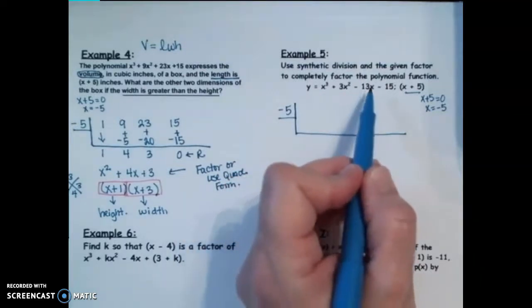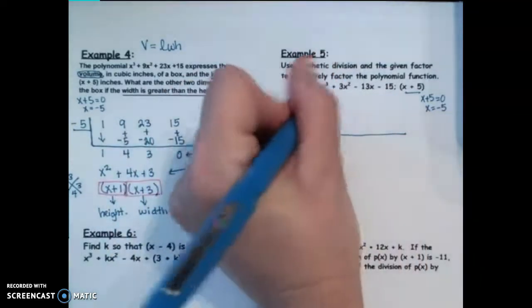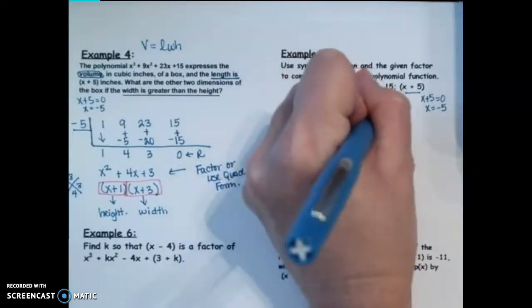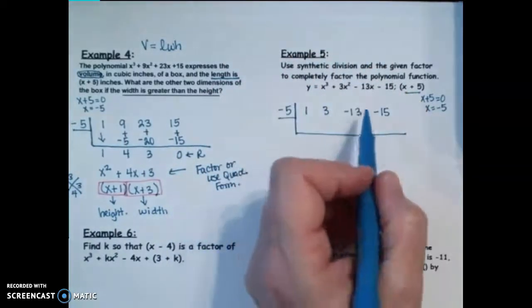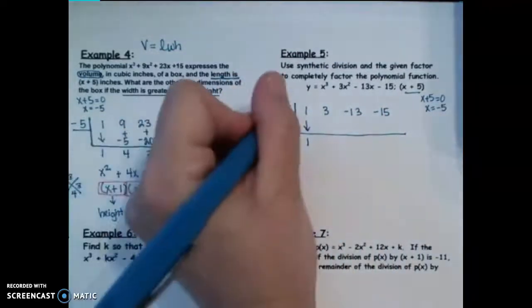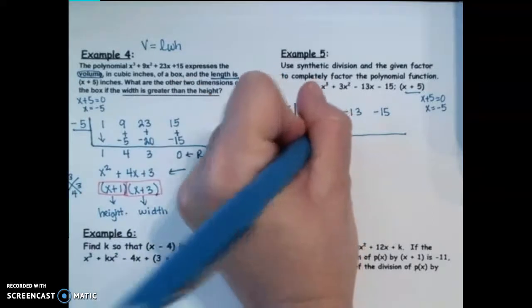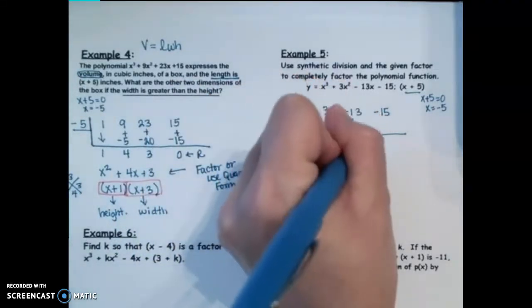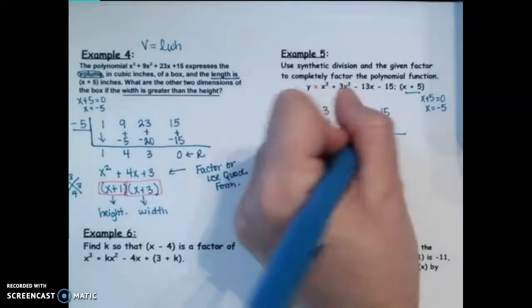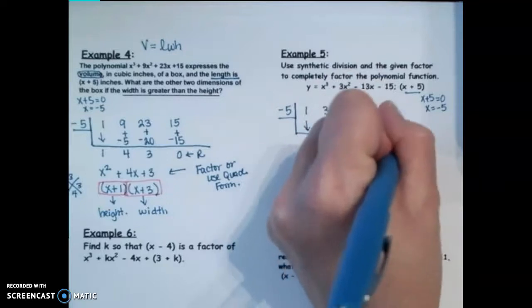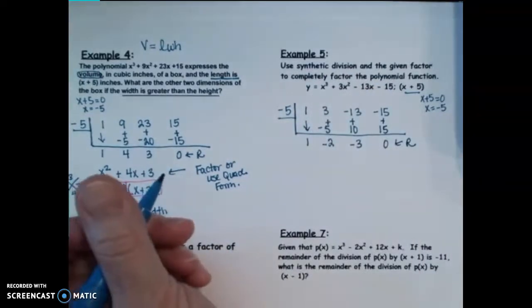X to the third, x squared, x, and a constant, so we're good. So you've got 1, 3, -13, -15. Always bring the sign with it. Drop the first number down, multiply. Add down, multiply again. And one more time to get -5 times -3 is +15. So our remainder is 0.